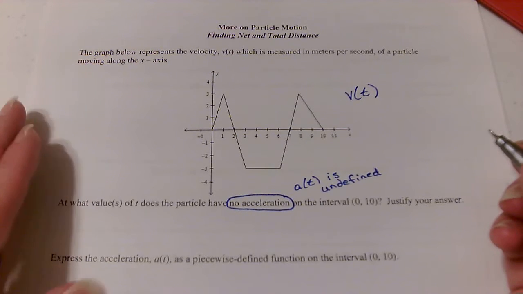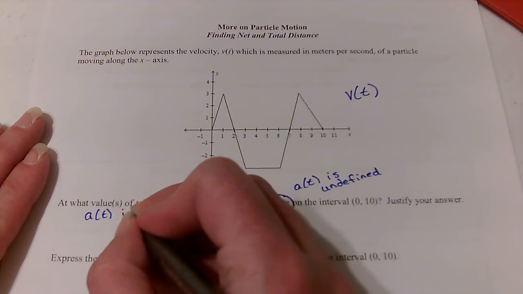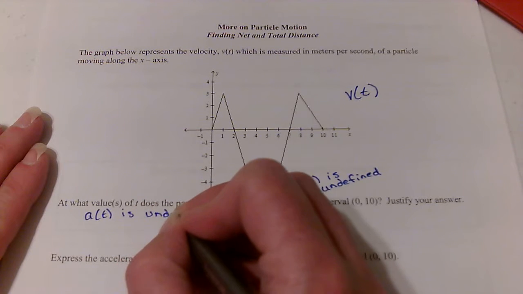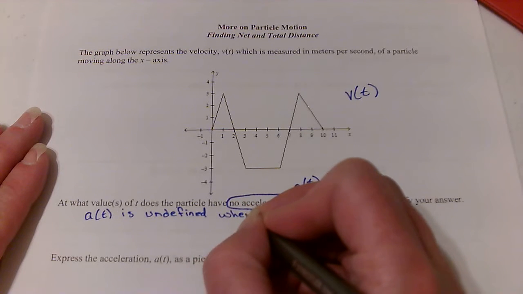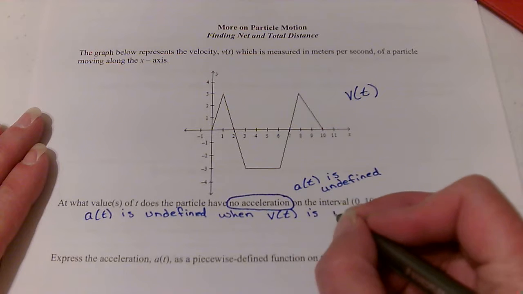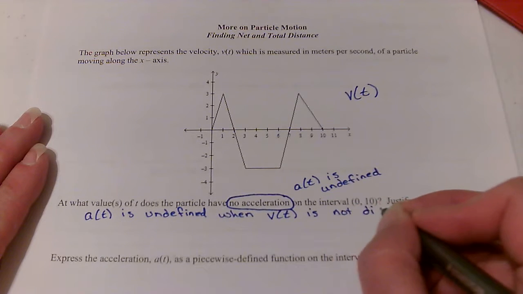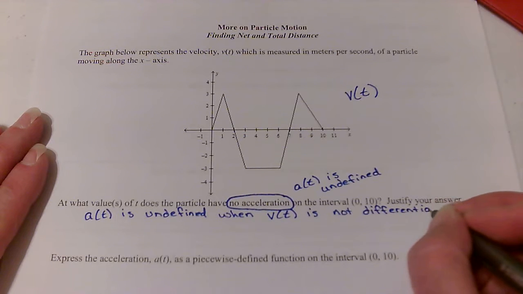So acceleration is undefined when v of t is not differentiable, when I can't take the derivative of it.